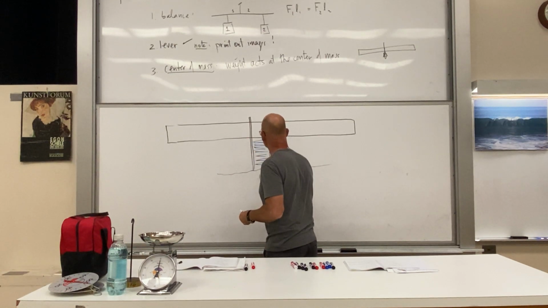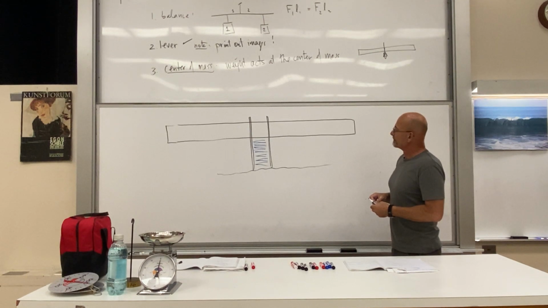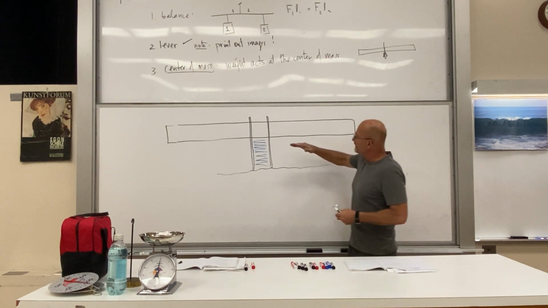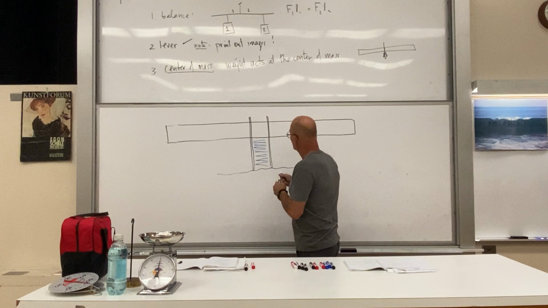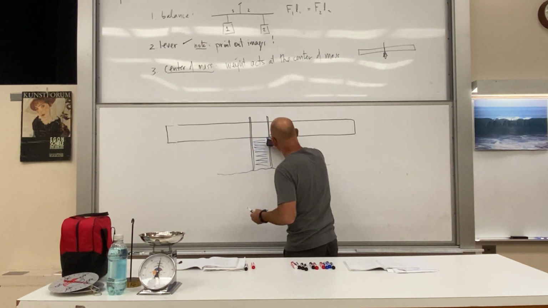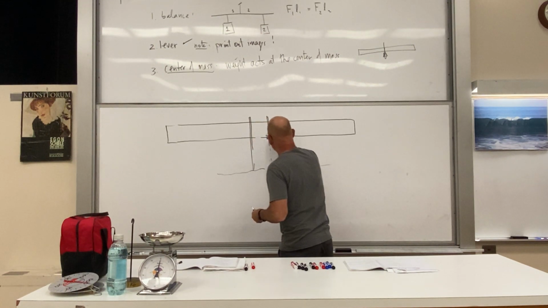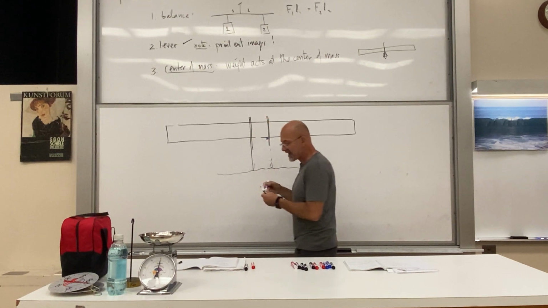Okay, so he's gotten it that far. What he's going to do is tip it up. So here is now the fulcrum. I'll make the wood red, the fulcrum blue. Okay, so we have that there.